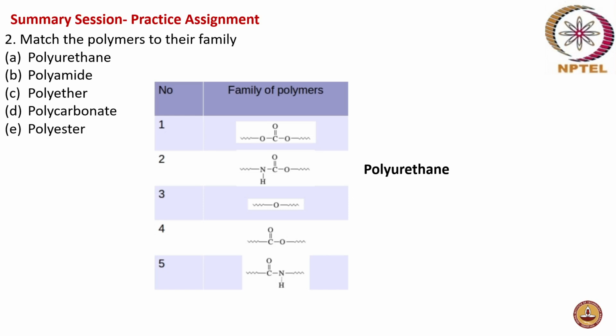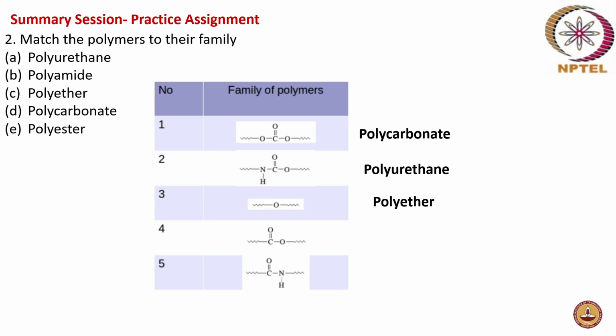So this family of polymers is called polyurethanes. In the case of polyethers, you will have a C-O-C bond. This chain will have a C-O-C bond, so this family of polymers is called polyethers. An example is polyethylene glycol. The next is polycarbonate.